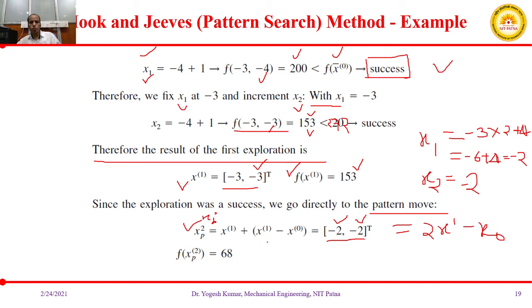Now what we will do, we will again check this value. We will compare this value with the previous set of values which we have got through the exploratory move. If you compare this value with fx1, what is happening? This is having a lesser value as compared to fx1, because this is 68 and fx1 was 153.